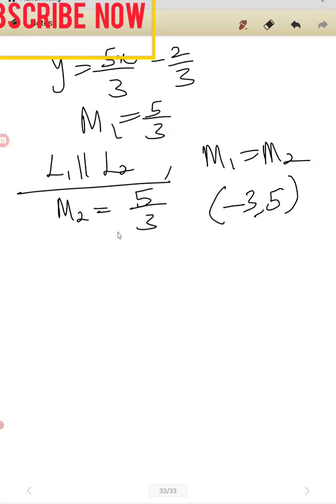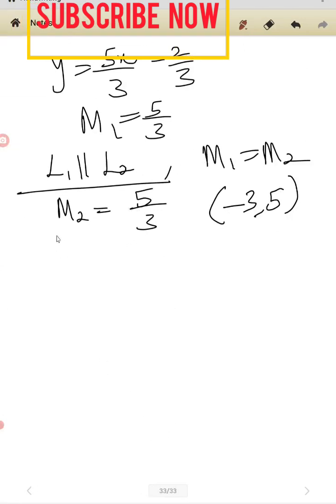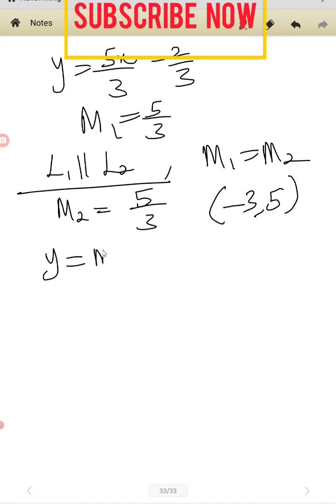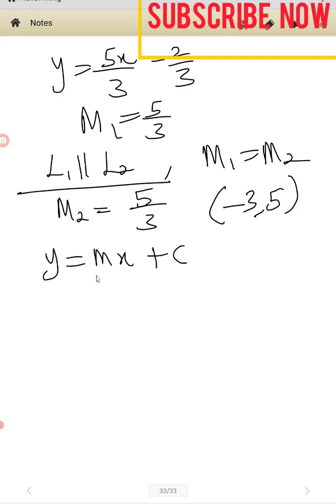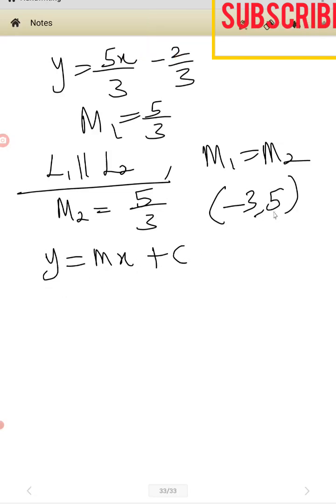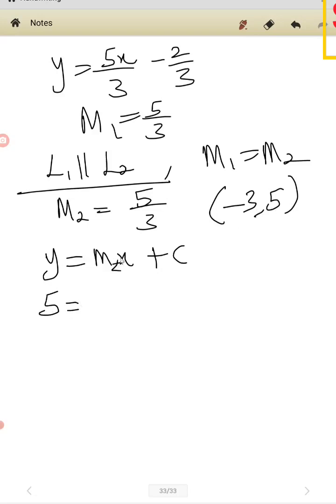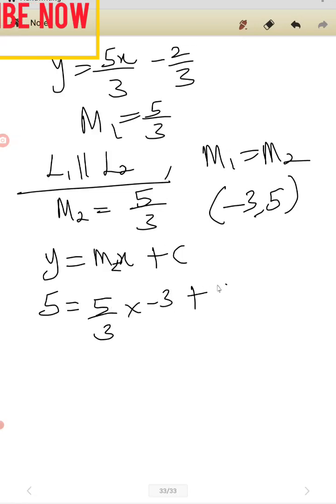So we use these two values to get the value of the intercept. We have y is equal to mx plus c. Now, y is 5, which is equal to m2, which is 5 over 3, times x, which is minus 3, plus c.